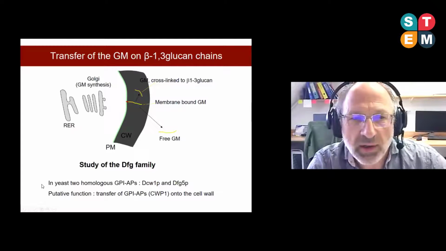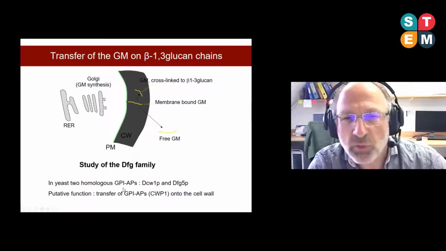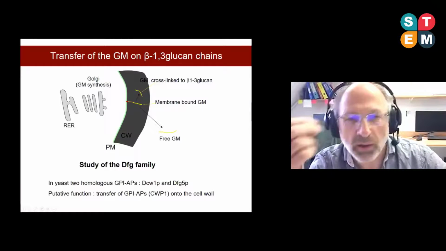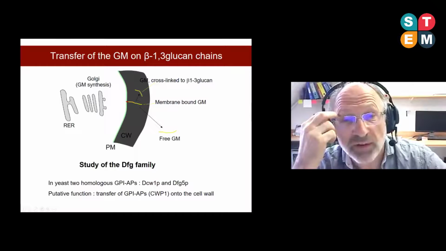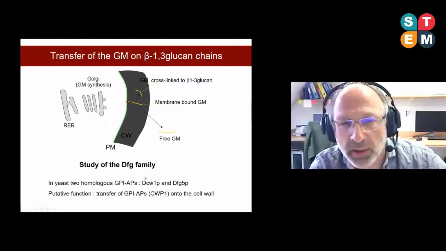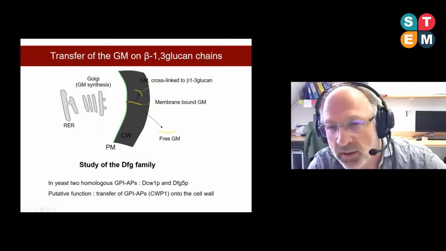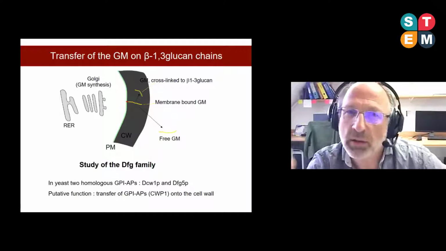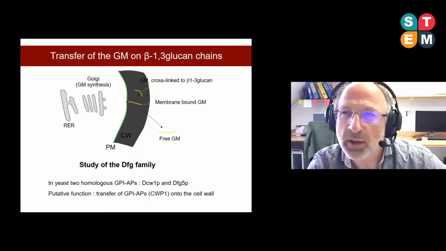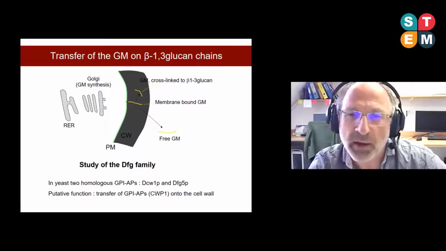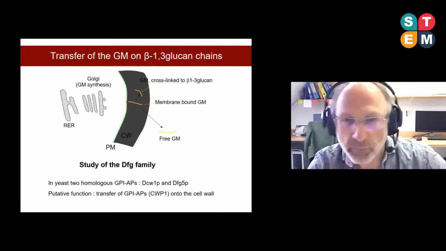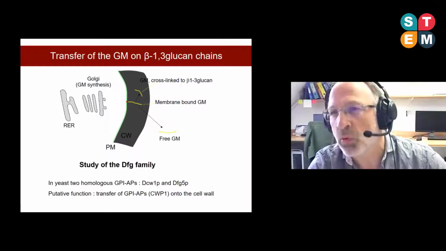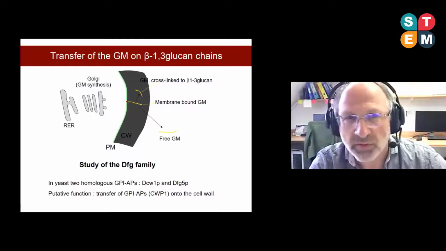In yeast, there are two proteins, DCW1 and DFG5, that have been described to be putatively involved in the transfer of GPI-anchored proteins into the cell wall. And because the Galactomannan bound to the membrane also contains a GPI anchor, we suppose that such homologues in Aspergillus fumigatus could also be involved in this transfer.